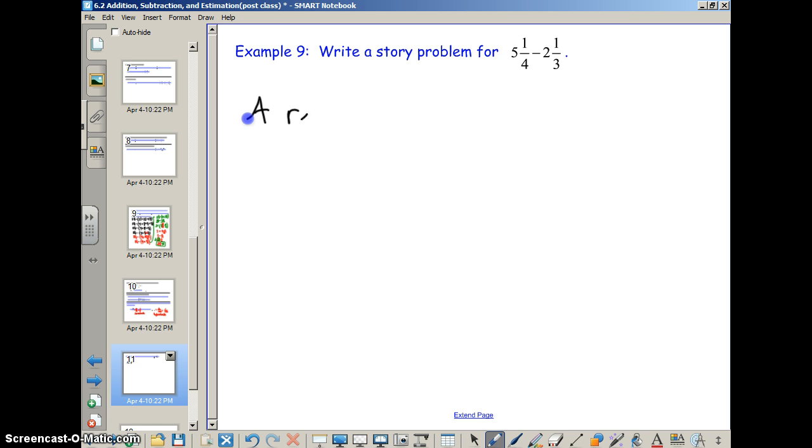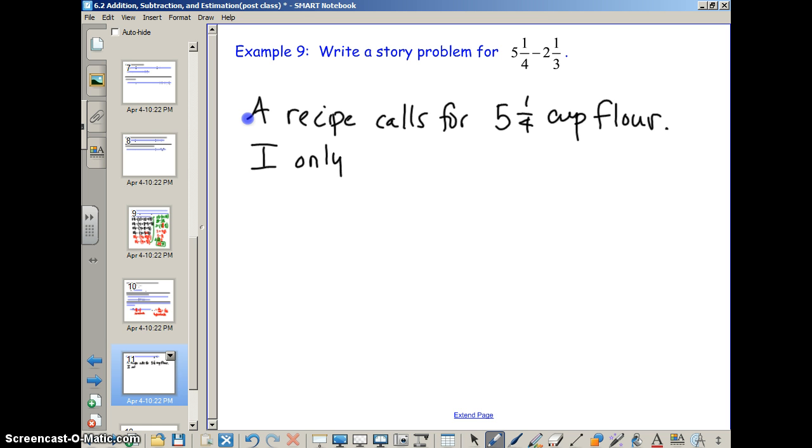I could say something like this. A recipe calls for 5 1/4 cups of flour. I only have 2 1/3 cups in my kitchen.